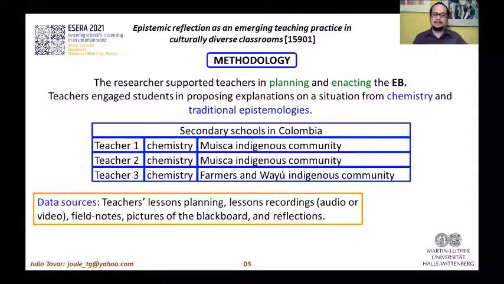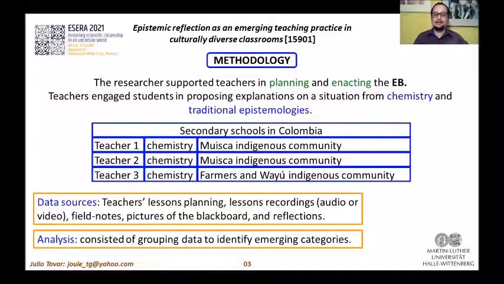The data sources were the teachers' lesson planning, lesson recordings, audio or video, field notes done by the researcher or teachers, pictures of the blackboard, and the reflections and feedback provided by the teachers. And the analysis consisted of grouping data to identify emerging categories.